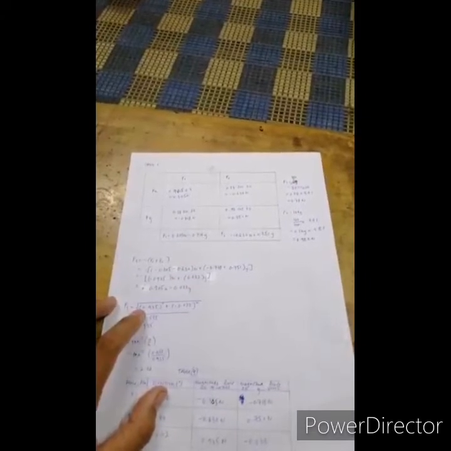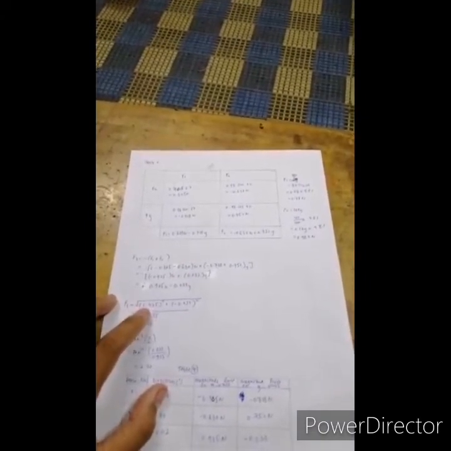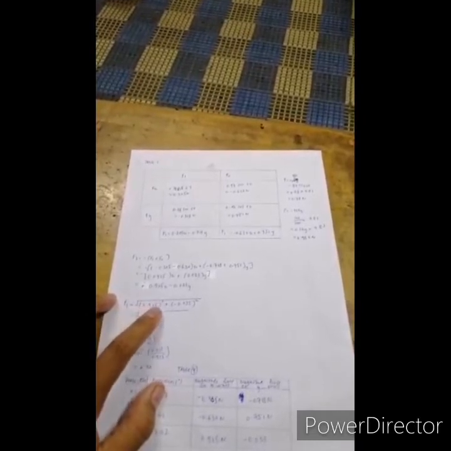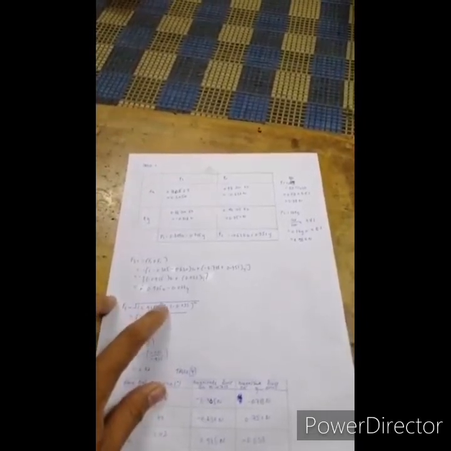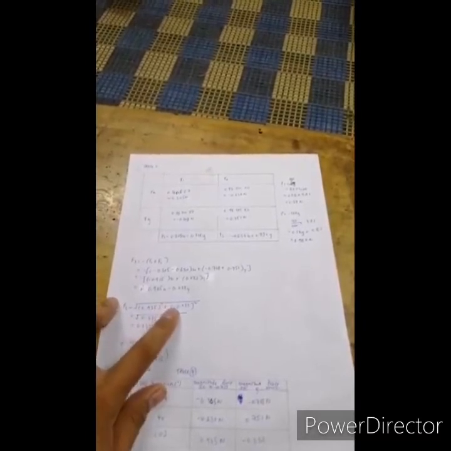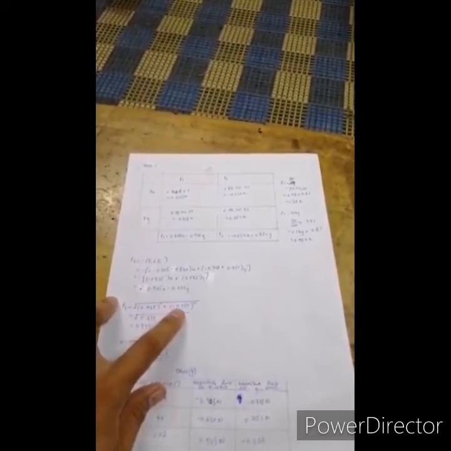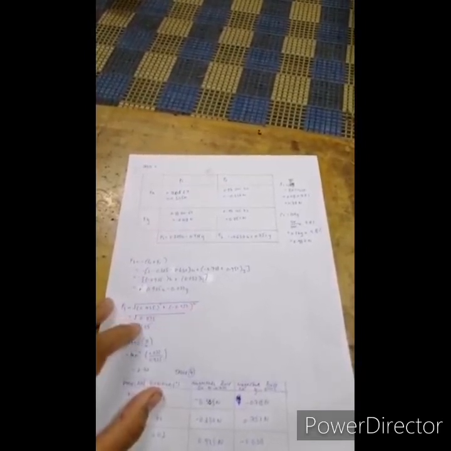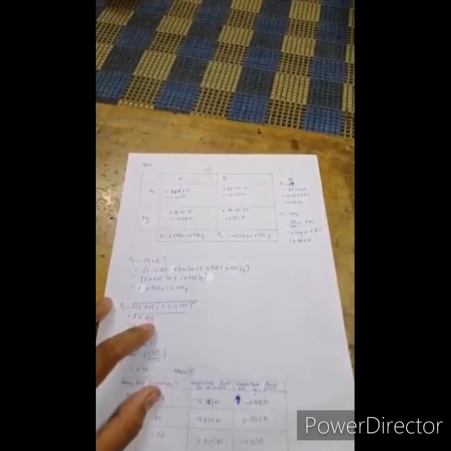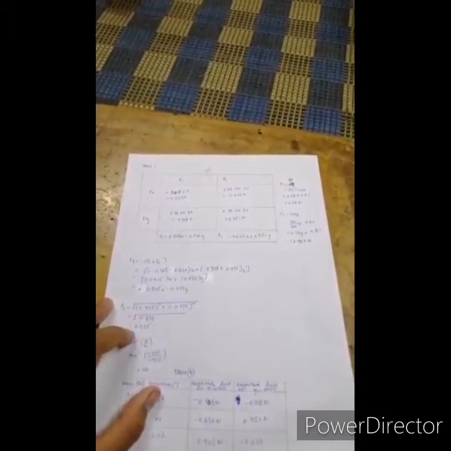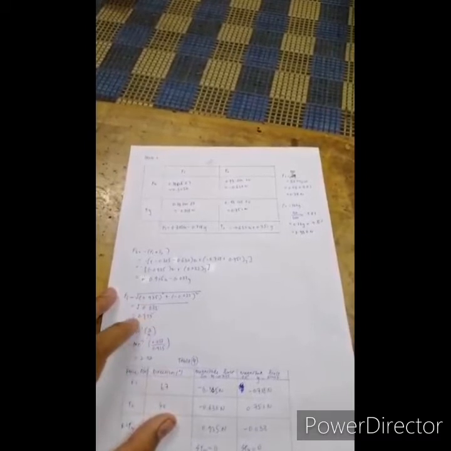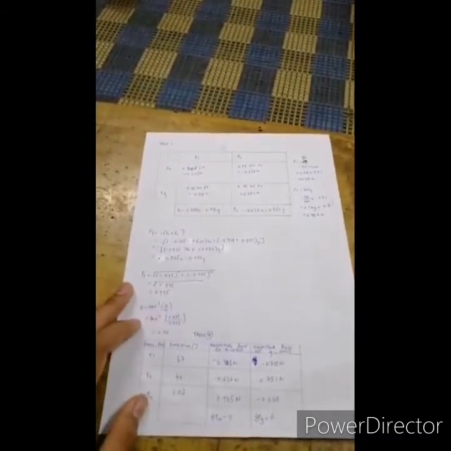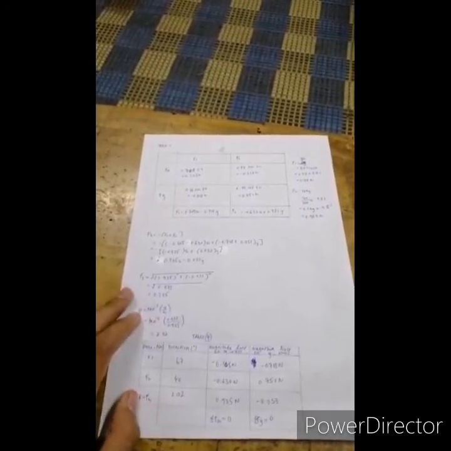F3 magnitude is the square root of bracket 0.935 bracket squared plus bracket negative 0.033 bracket squared, and the answer is 0.8875 square root again, and this answer is 0.935.